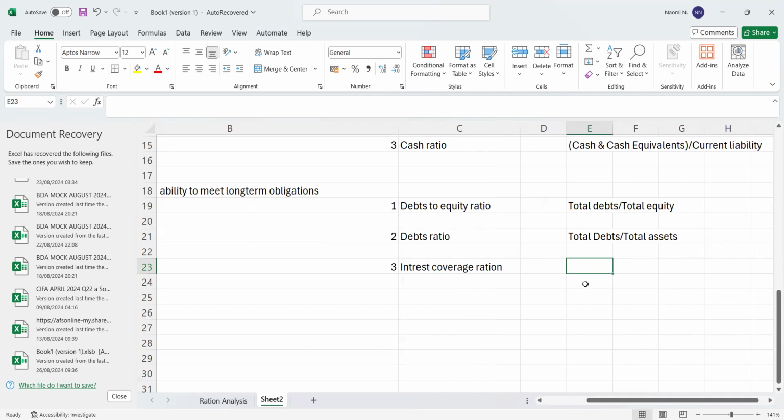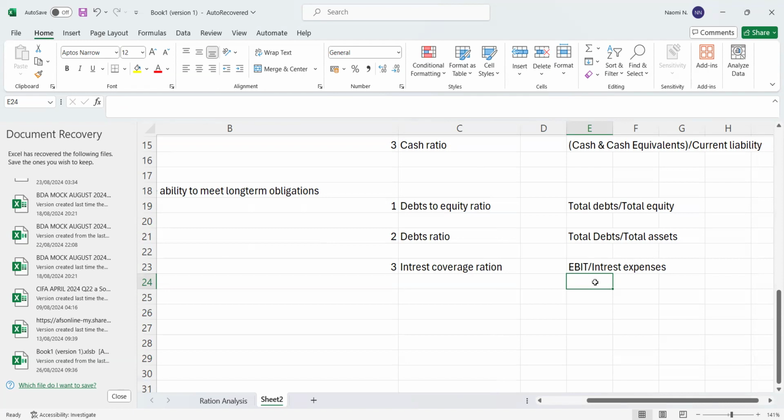On this one, the formula is EBIT divided by interest expenses. Let me not assume: EBIT stands for earnings before interest and tax, divided by interest expenses.